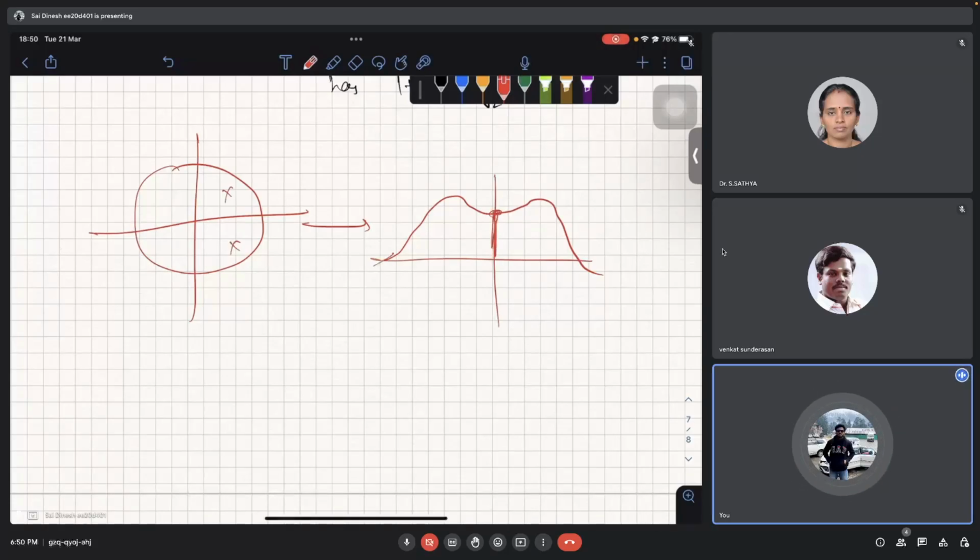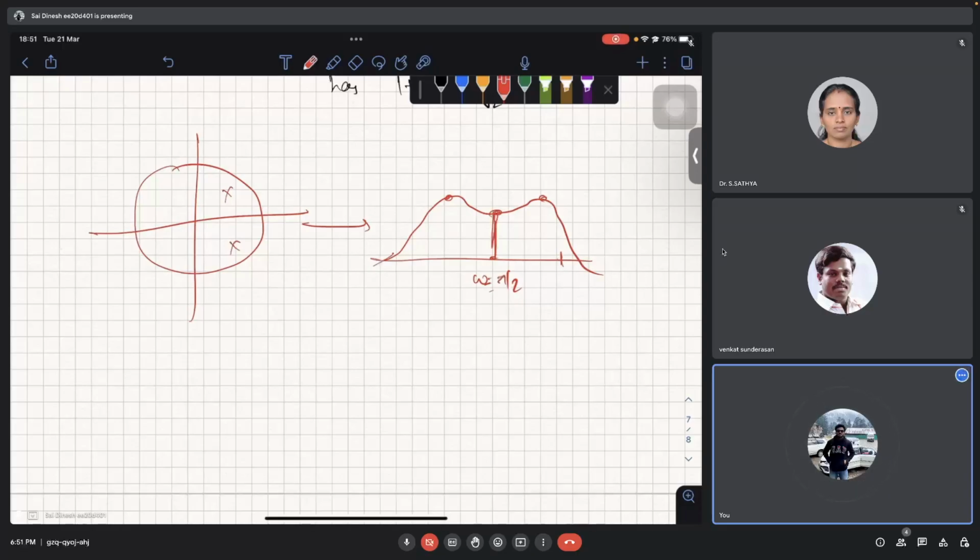Now we need the center frequency to be around omega equal to pi by 2. So basically the poles should be symmetric around omega equal to pi by 2.